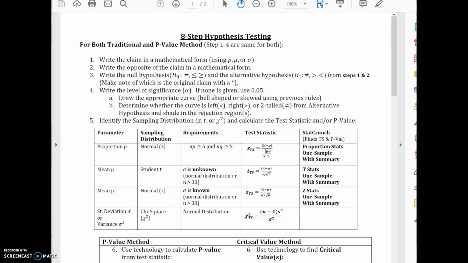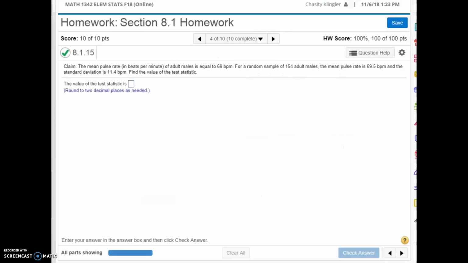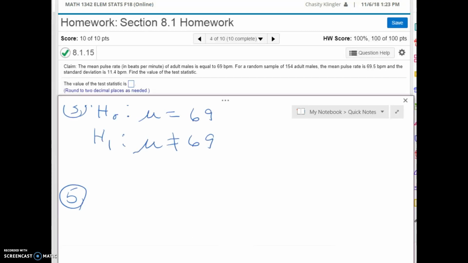So when I look at my problem, it's given me the sample size is 154. So that's my N. The mean pulse rate of my sample, which is X bar, is 69.5.